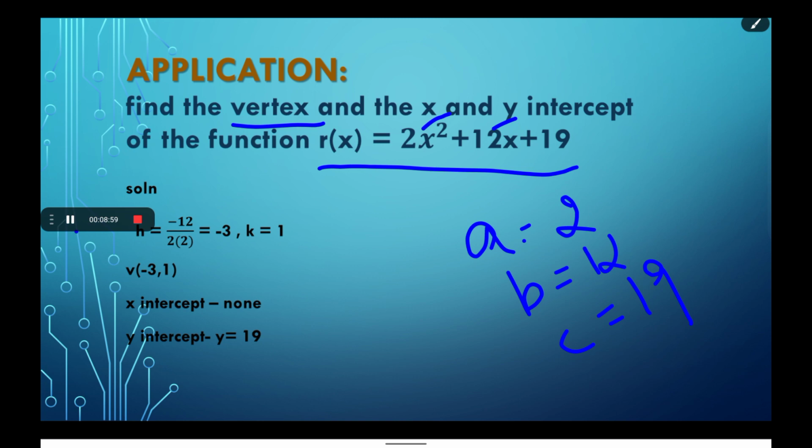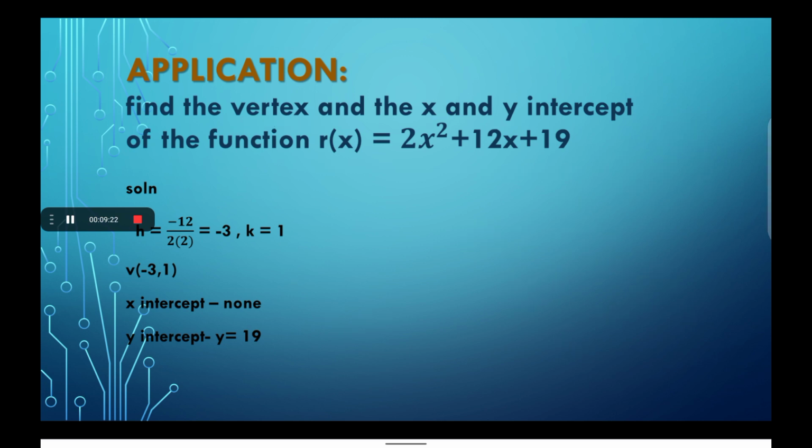We need to identify the vertex. For h, the formula is minus b divided by 2 into a. That means minus 12 divided by 2 into 2, and if we cancel this, we get minus 3. Now substitute minus 3 into the equation.